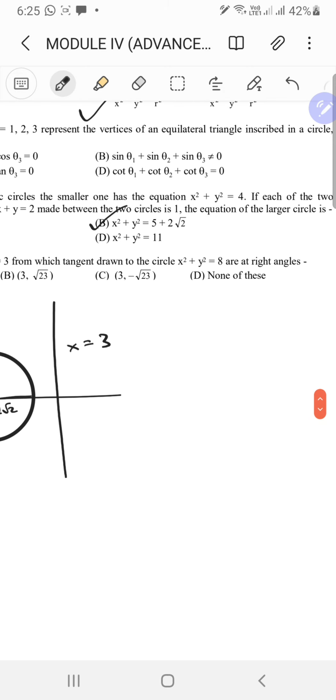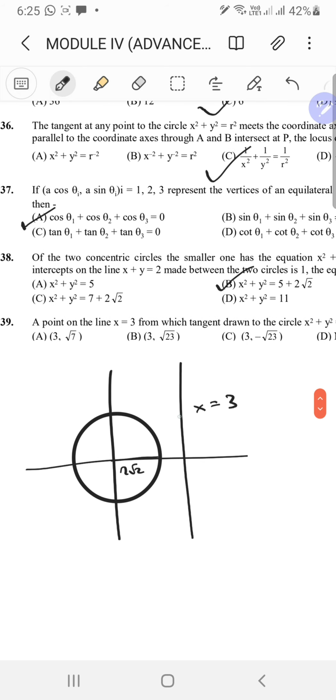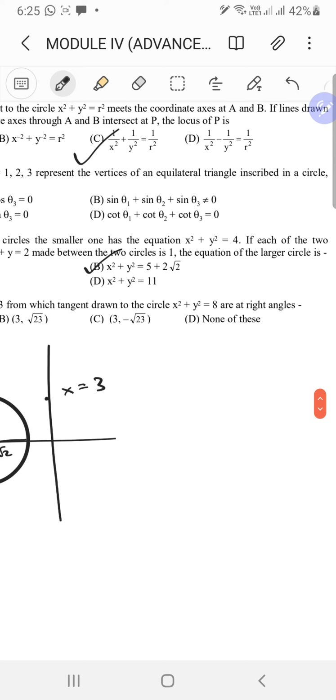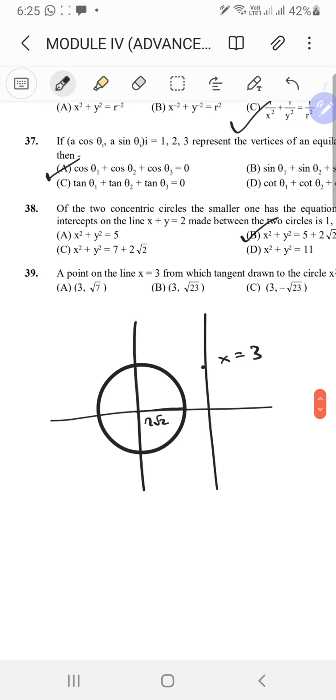And we take a random point from which tangents are drawn, and those are at right angles. Oh, that means it sits on the director circle, which means its distance from the center should be square root of 2 times the radius. So square root of 2 times 2 square root 2 is 4. So this distance should be 4.